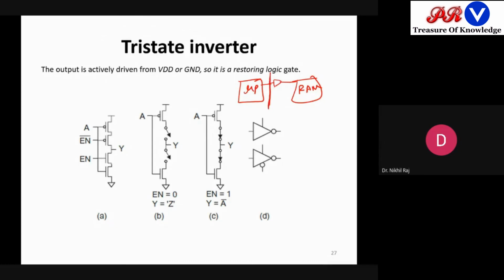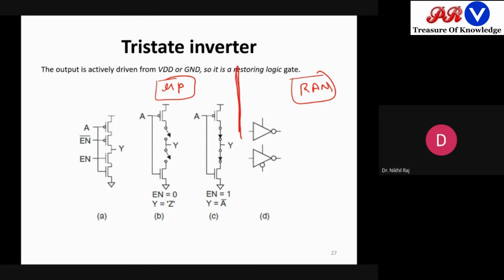Let's say it is a data bus. One minute, let me draw again. This is a microprocessor unit and this is your RAM. And this is your bus, a data bus.